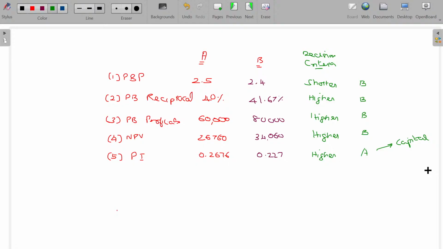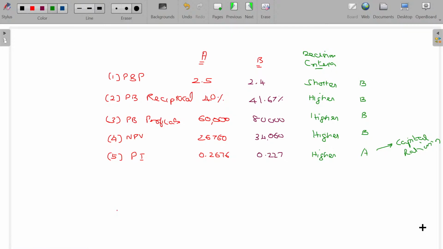Because all the people should enjoy the discounted price. That's why it is called rationing. Capital rationing means my capital is limited, sir. How can I plan, sir? Go for the PI model. Capital rationing. Clear? Capital rationing.